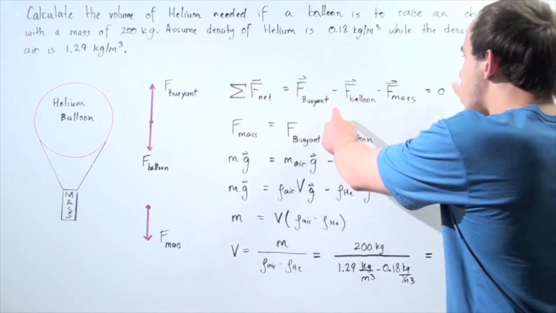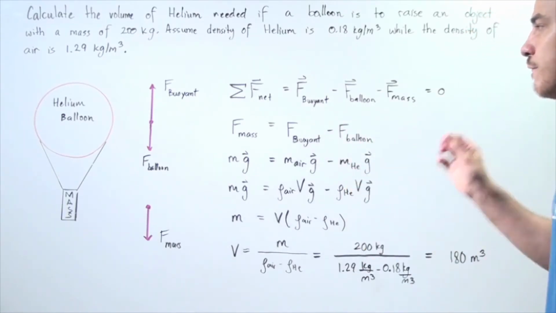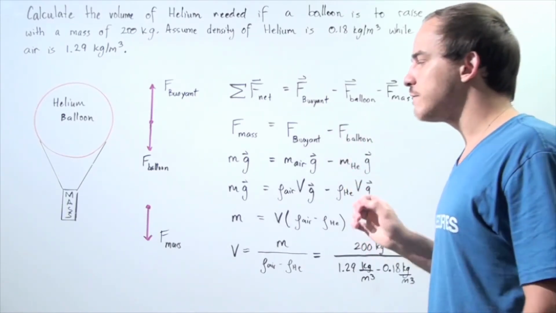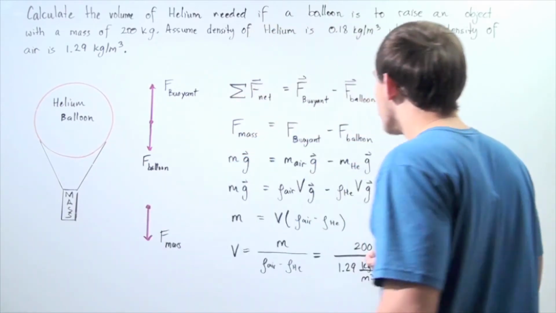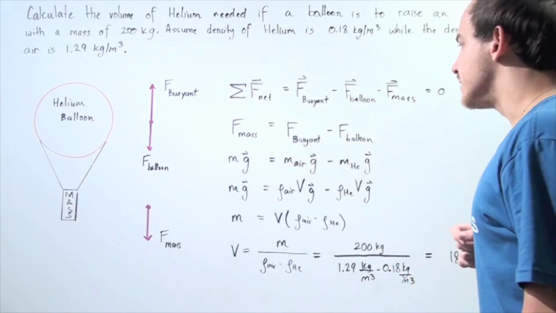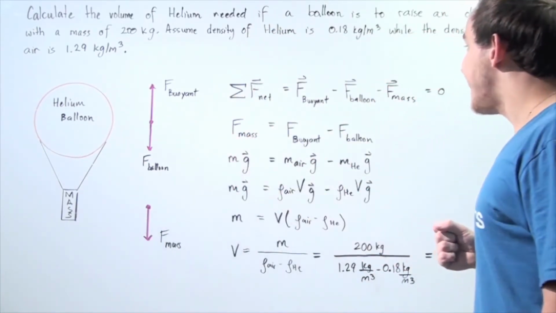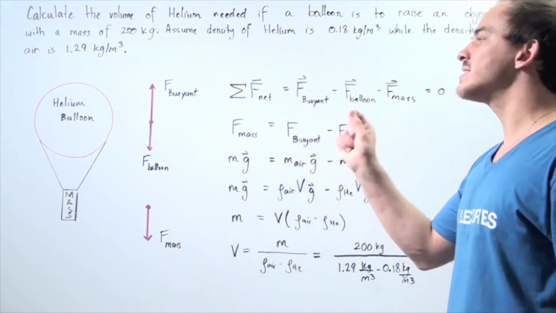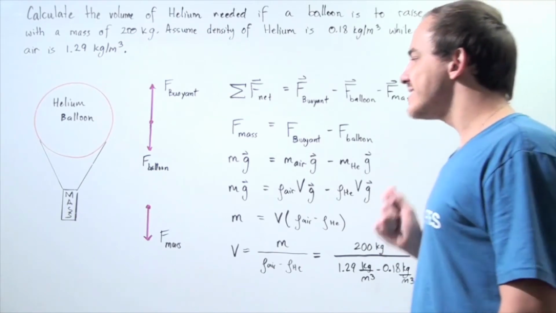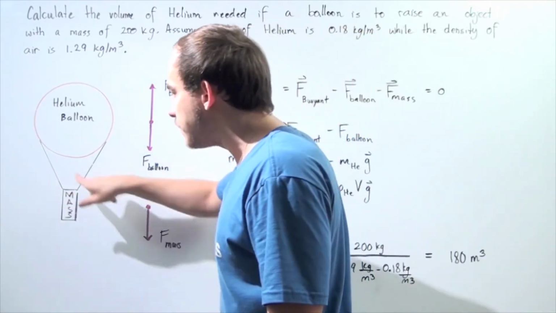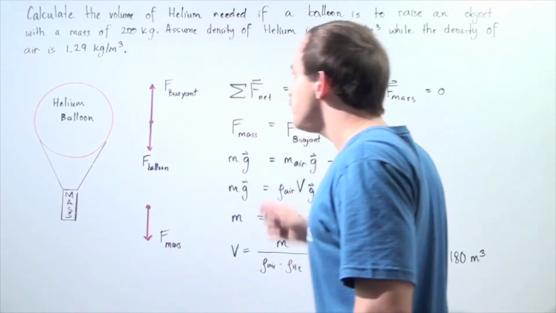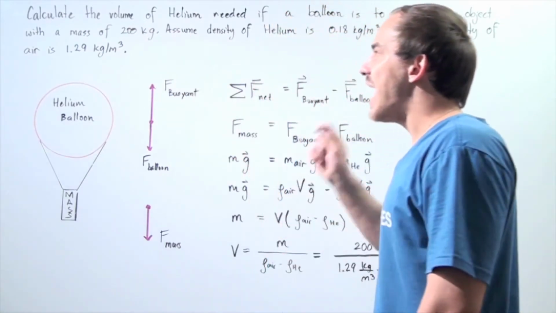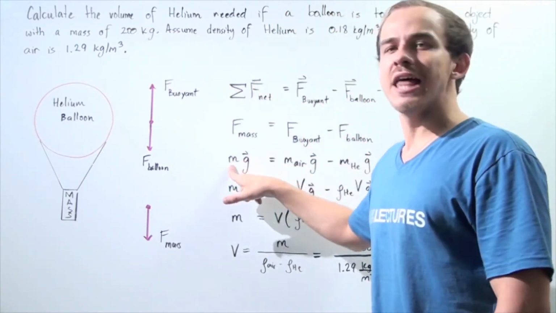Now, let's rearrange this equation and solve for the force mass, the gravitational force acting on our mass. So we get the following result. The force mass is equal to the force buoyant minus the force acting on the mass of the balloon. Now, what exactly is the mass of our object that is hanging from our balloon? Well, it's 200 kilograms, and let's represent that with the letter m.